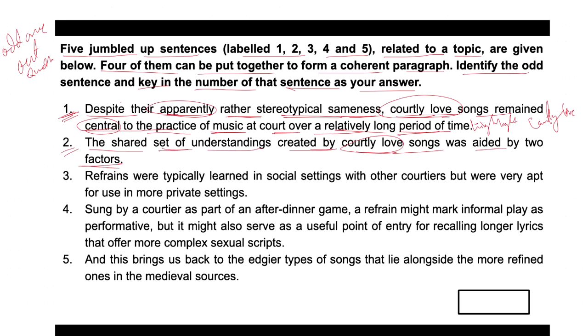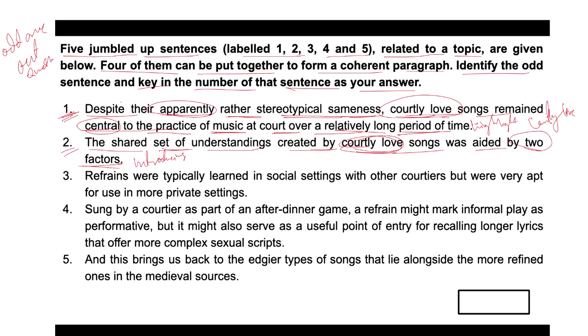Why is it called introducing? Because it introduces the idea of two factors, which is given here, two factors that help to create shared understanding through courtly love. Now in that case, sentence one and sentence two are connected.